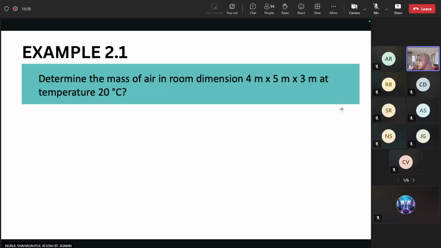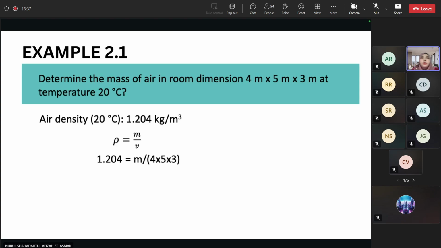Now we see an example of calculation to determine the mass of air in a room. The size of the room is 4 meter times 5 times 3, at a temperature of 20 degrees Celsius. At 20 degrees Celsius, the density is 1.204. Density equals mass over volume, so to find the mass of air we multiply by the volume.